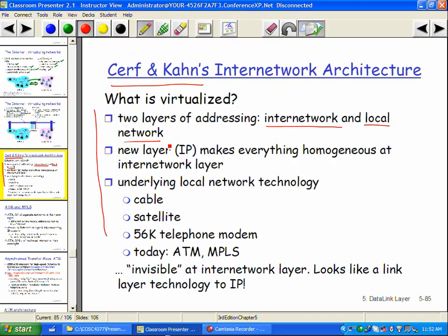So we think of them as IP addresses and MAC addresses. And these inter-network addresses are global. So that's today's IP. And hide everything underneath, cable, satellite, telephone, ATM, whatever it is. Nobody needs to know that. So only the providers and the designers need to know about this, and everybody else just needs to know about IP. So this started happening in the late 80s and kind of got completed in the 90s.